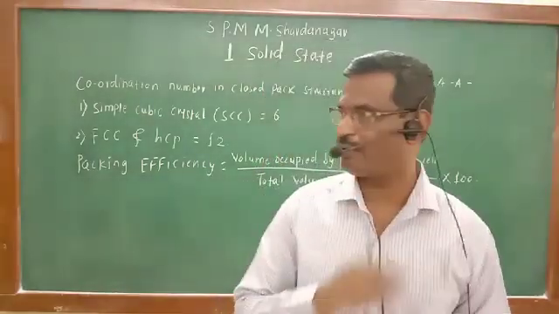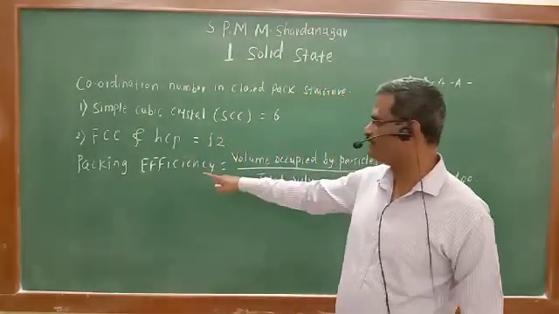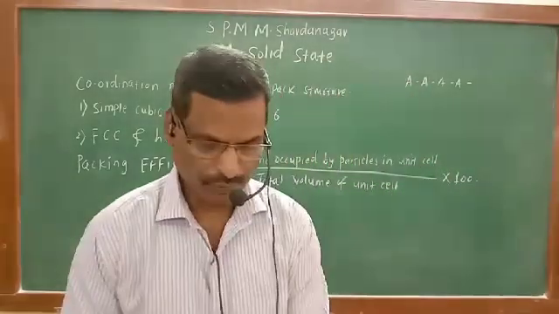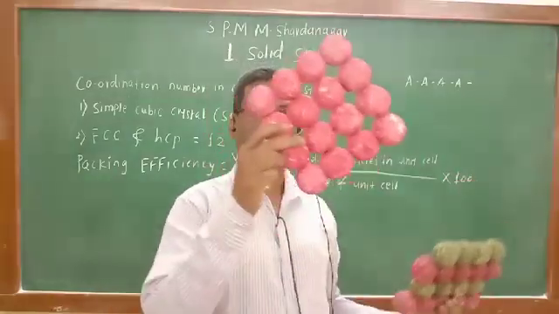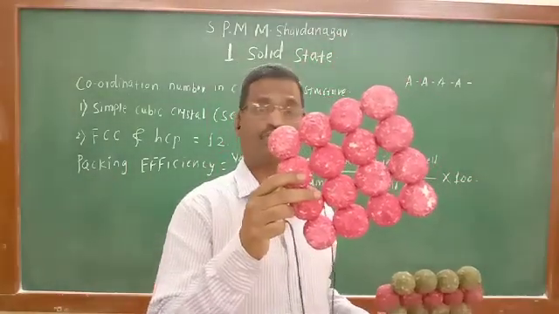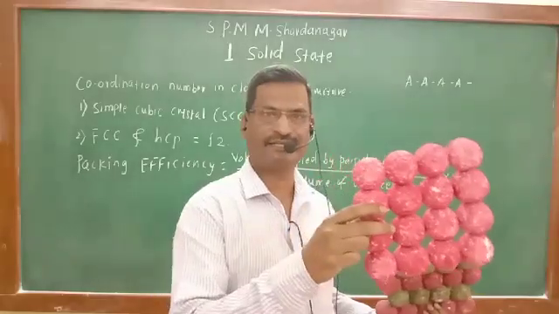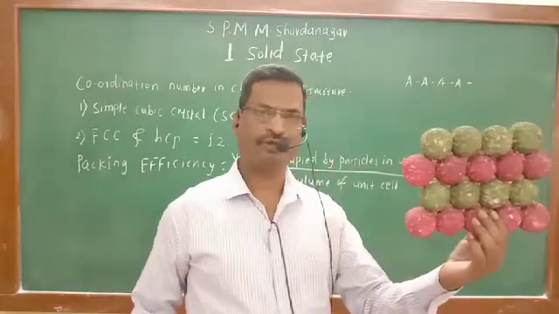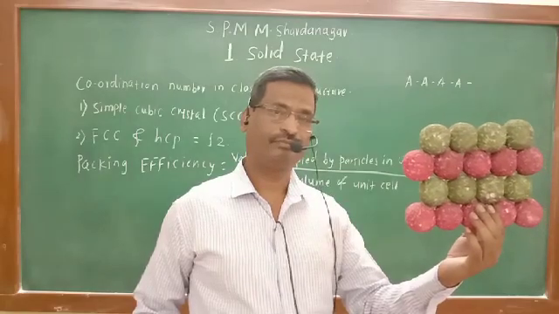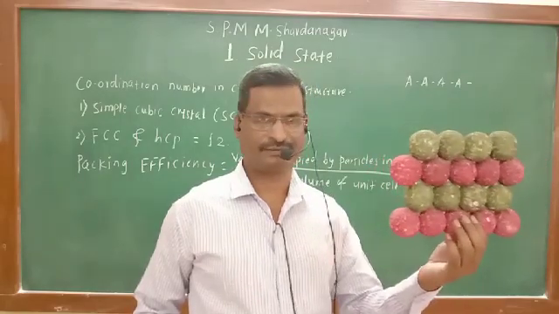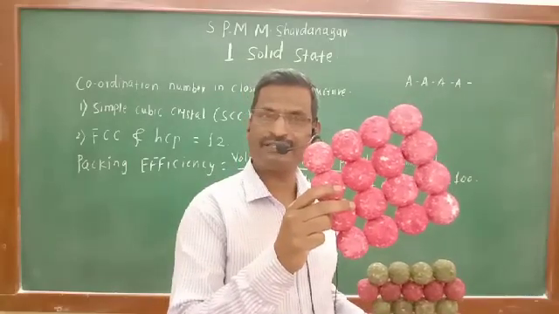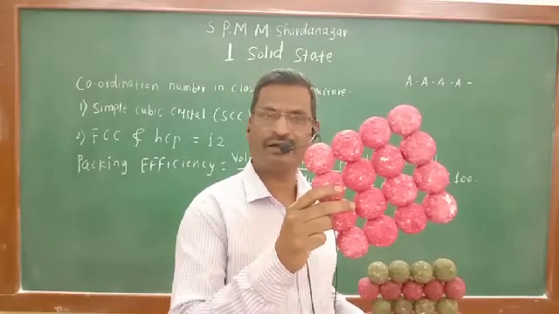And now the important part here is packing efficiency. If we compare these two structures, this one has less packing efficiency because void space is more, and this one has more packing efficiency because empty space is less. Why more void space and less packing here?